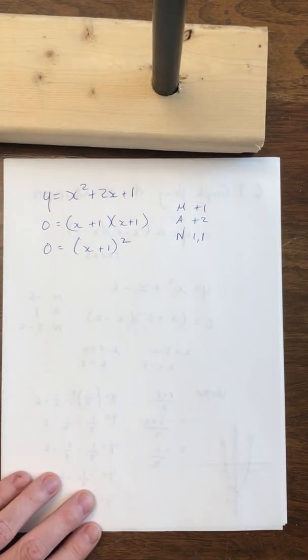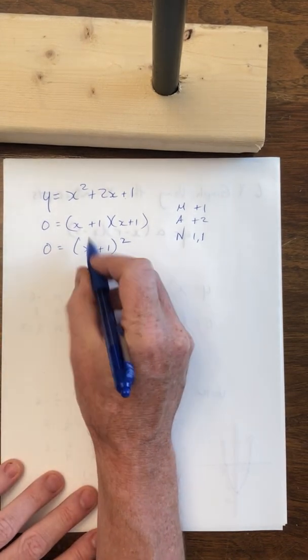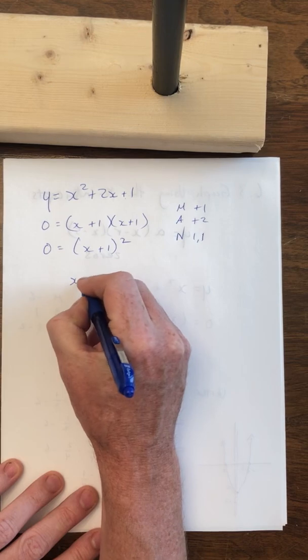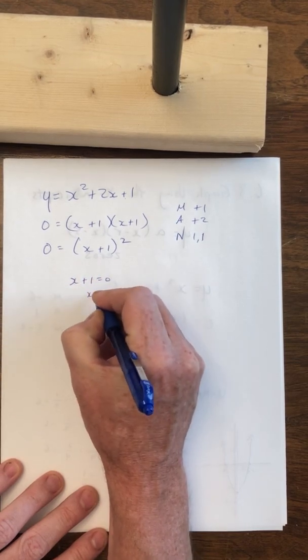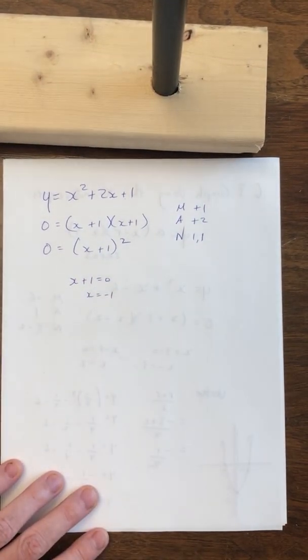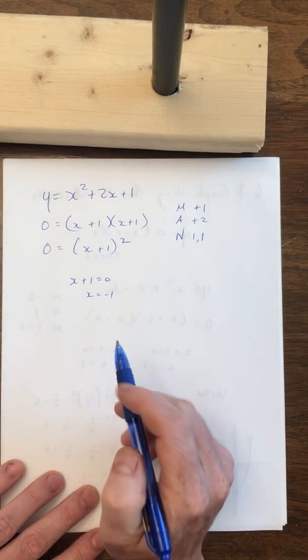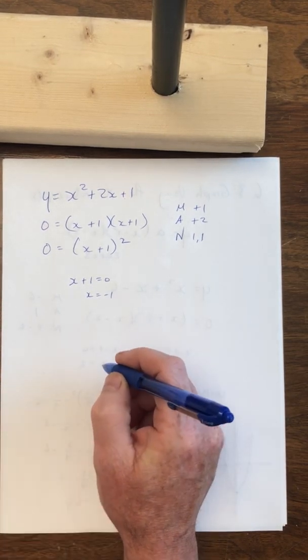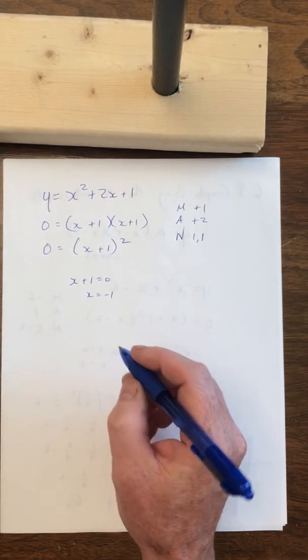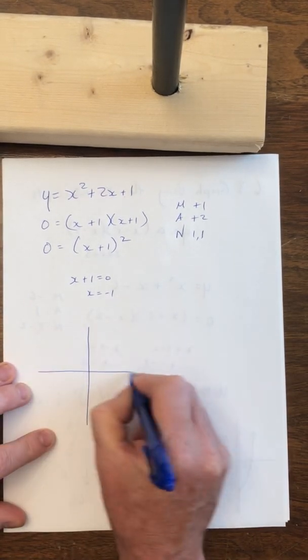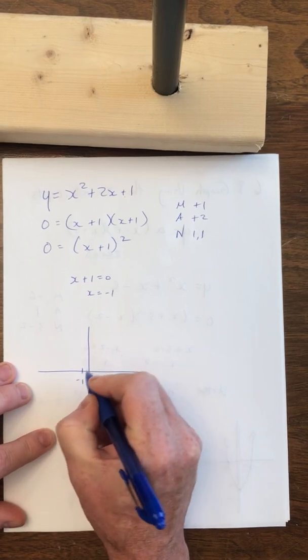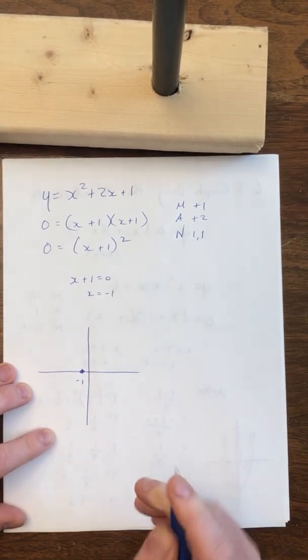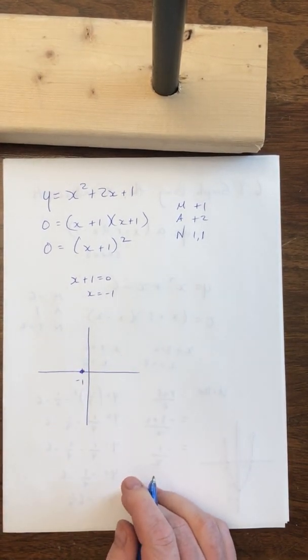Hopefully you all recognize this is one of our special scenarios. And so this is our x value. So because we only have one x value, that tells me that right here at -1, we have a point, we only have -1, 0.